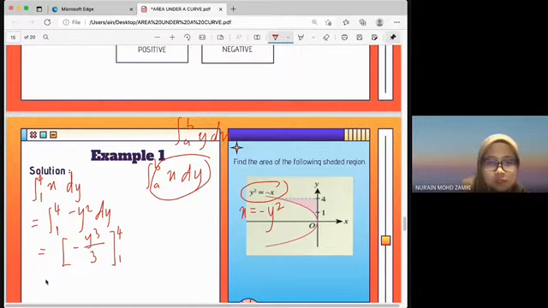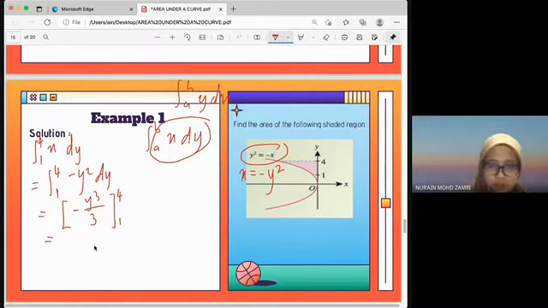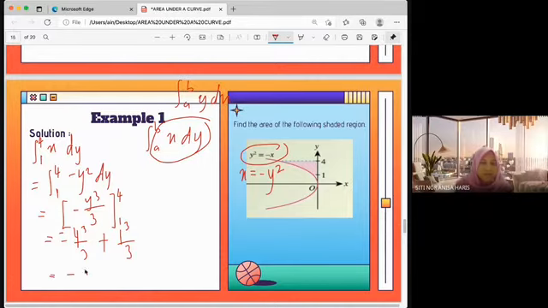And then you just substitute the upper limit and minus the lower limit. So minus will become positive. So 1 to the power of 3 over 3. So the answer will be negative 21.